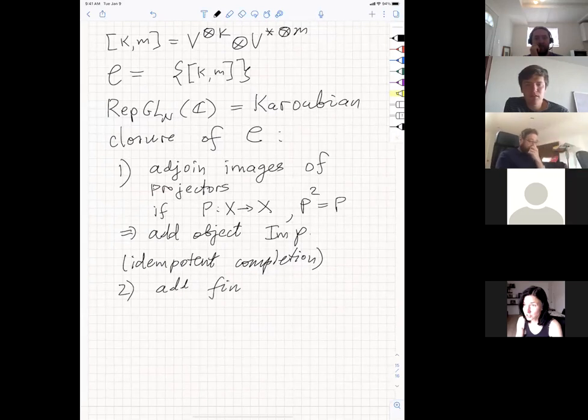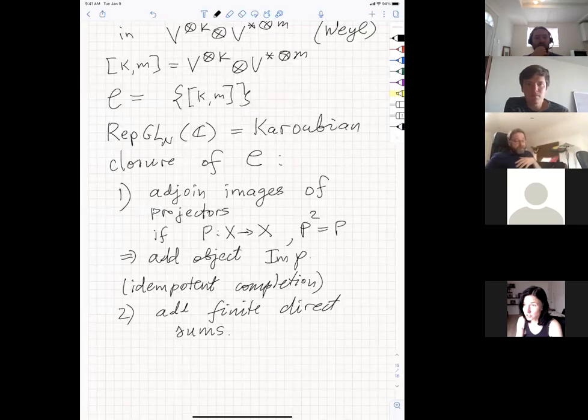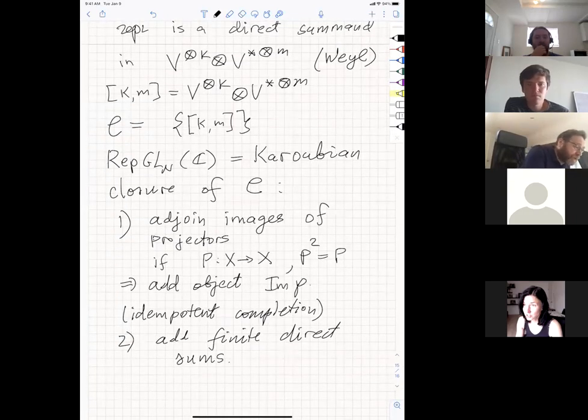So by adding idempotent images, we will find all the irreducibles because they are direct summands in our tensor product. And then when we add finite direct sums, we will get arbitrary representations, which are direct sums of irreducibles, because any representation of GL_N is completely reducible. It's a direct sum of irreducible representations. Okay, so that means that we only have to describe this category in a way that doesn't mention matrices.